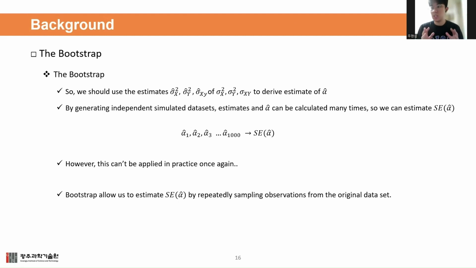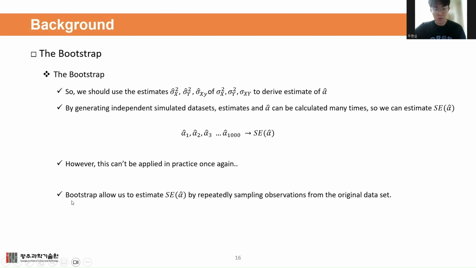So we can estimate the uncertainty, the variance of alpha. But actually, this cannot be applied in practice because, as I told you before, it can be applied by generating independent simulated data sets, but in reality, we cannot do that.